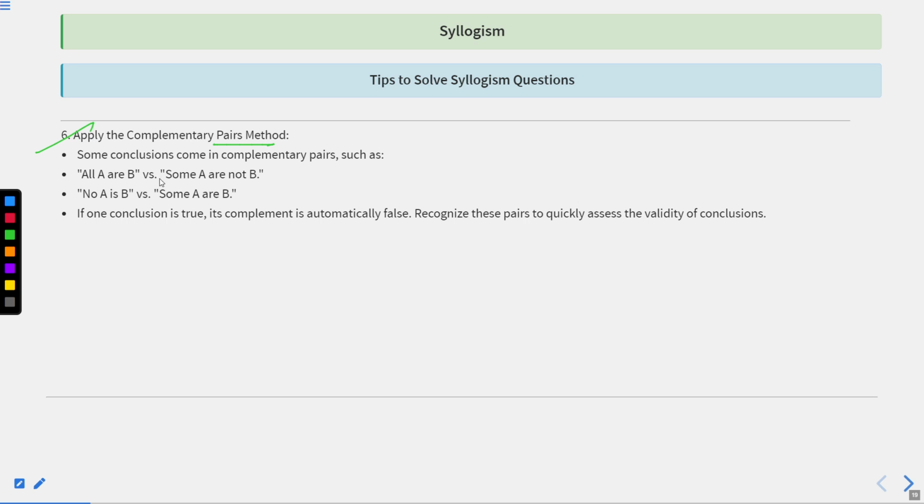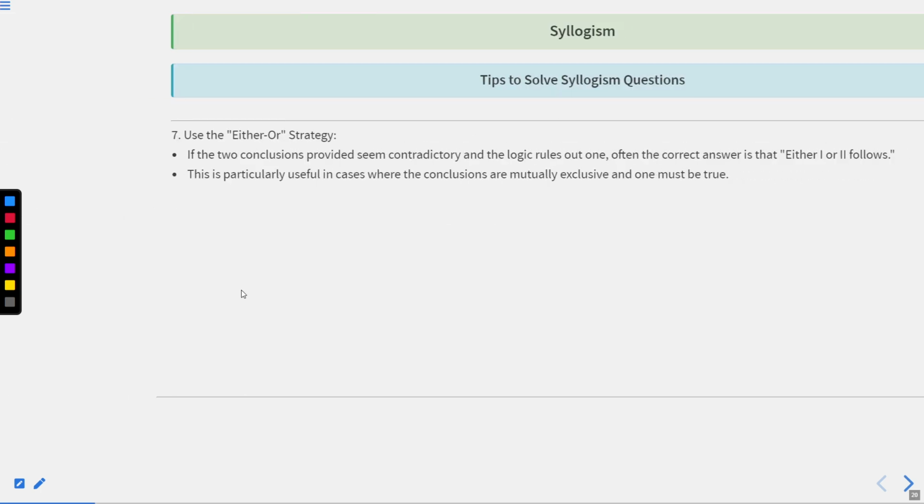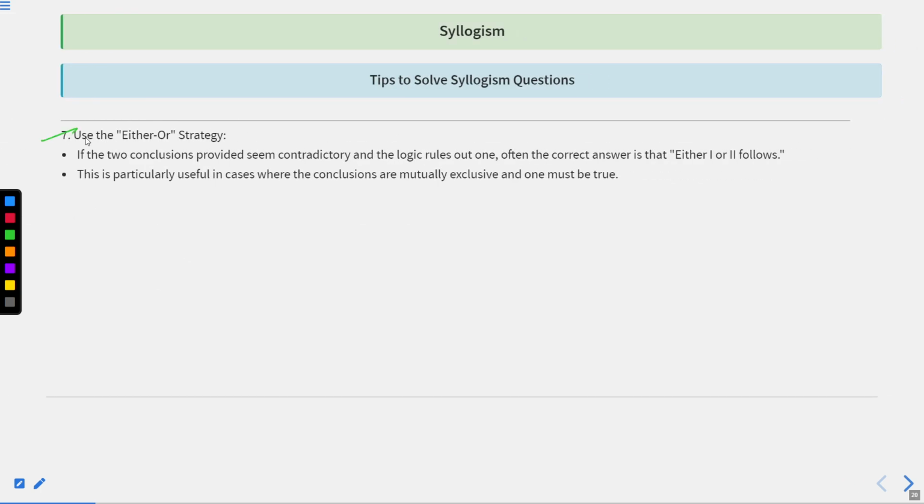All A are B, some A are not B. No A is B, some A are B. If one is true, then the other will not be. Use the either-or strategy: when two conclusions are contradictory, either one or the other will follow.